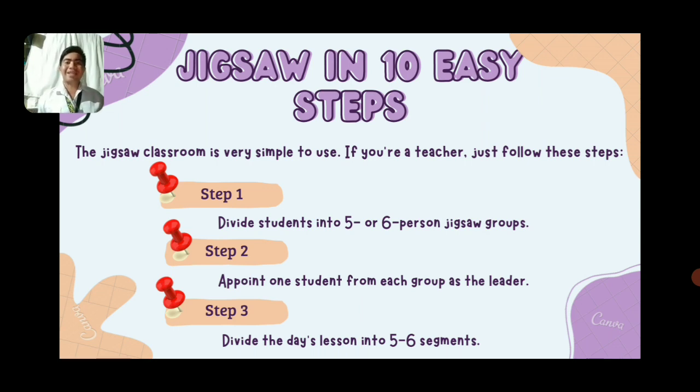For example, in a geography class with the topic land formations, we divide the topic into 5 to 6 segments, for example the subtopics mountains, hills, plateaus, mountain range, valley, and others. We divide the land formation topic into 5 to 6 to accommodate the 5 to 6 members of every group.